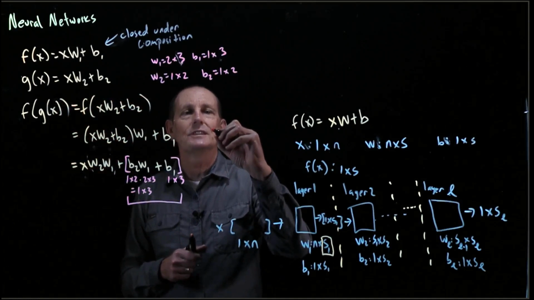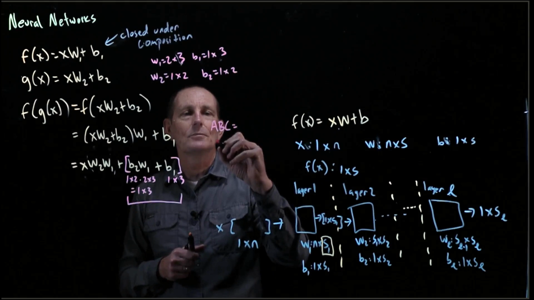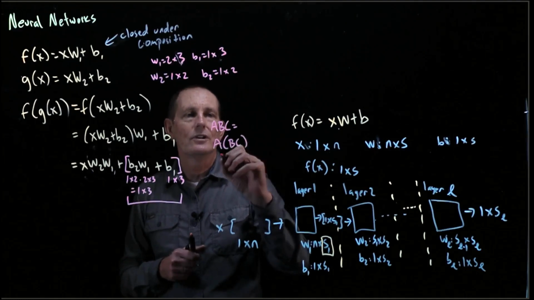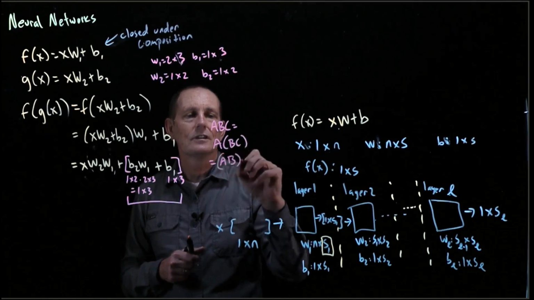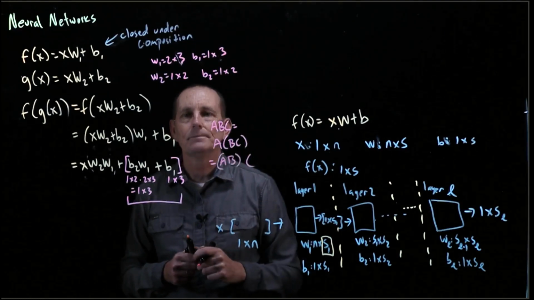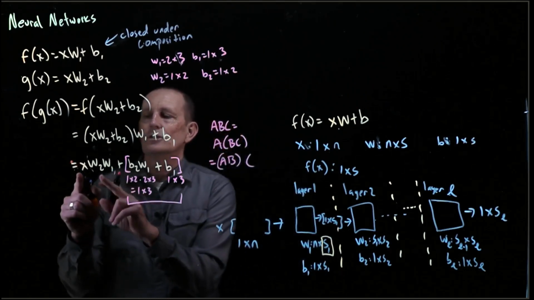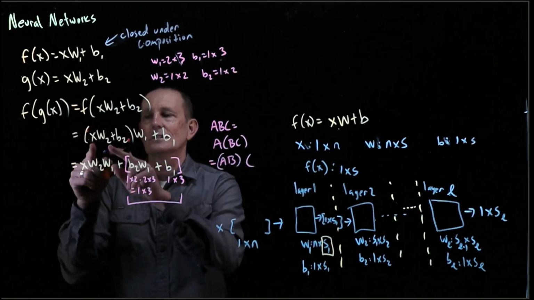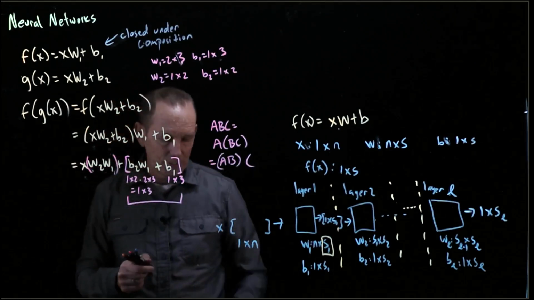That means if we have three matrices A, B, and C that we multiply together, we can either multiply B times C first, and then multiply the result of that by A, or we can multiply A and B first, and then multiply the result of that by C. So that says we can choose to multiply x times w2, and then that times w1, which is our original here, or we can choose to multiply in this direction.